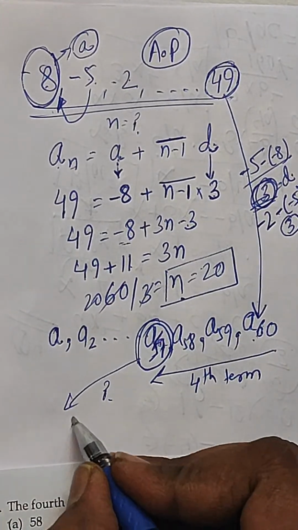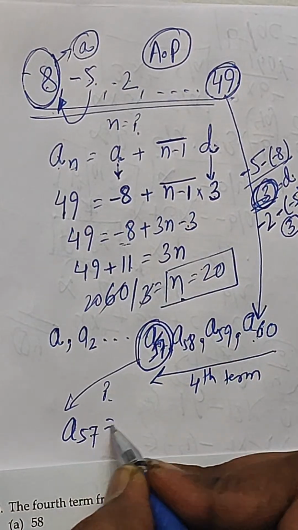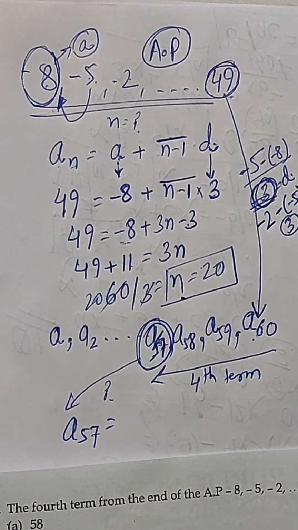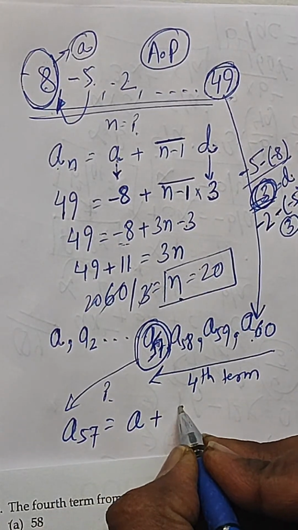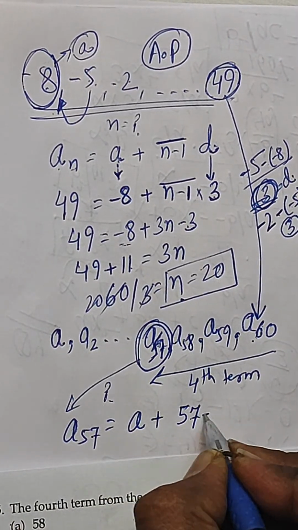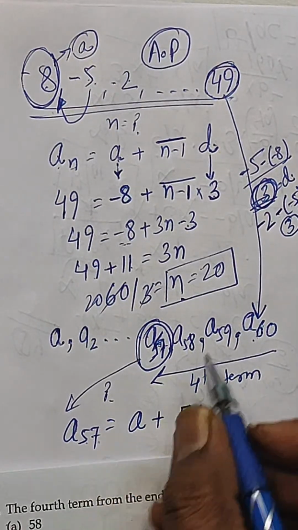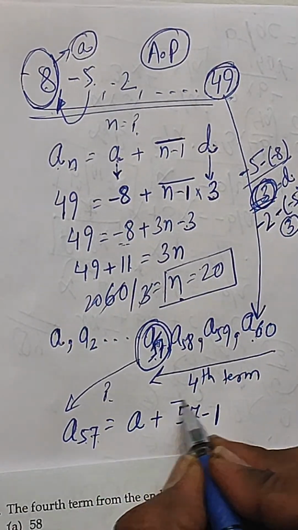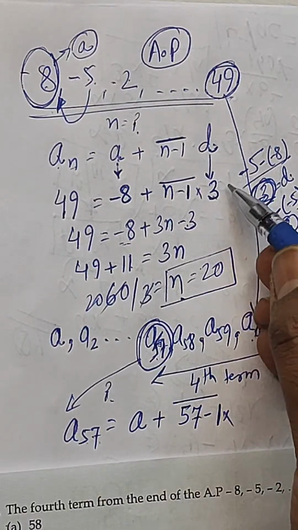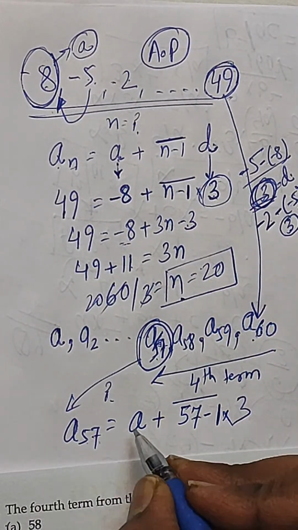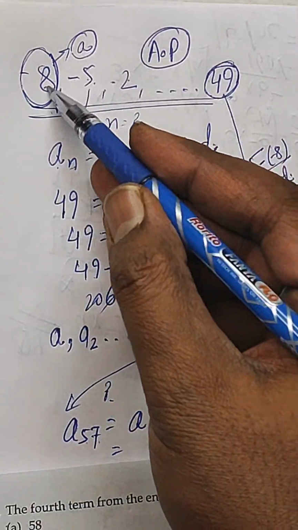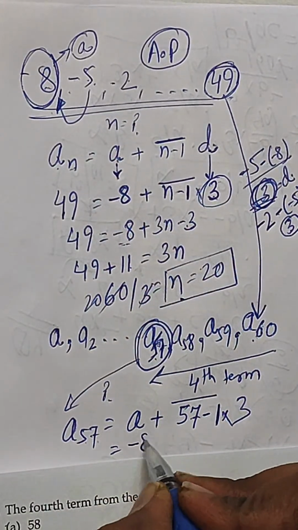The 57th term of this AP is a plus n minus 1 into d. Instead of n, write 57, because n will be 57 for the 57th term. We know the value of d is 3; we have already checked. We know the value of a is minus 8.